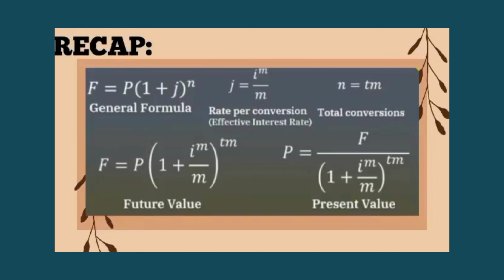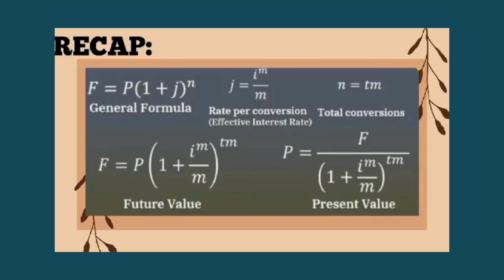That's all, guys, for our discussion. Now let's have a recap. The general formula for the future value is F is equal to P open parenthesis 1 plus J close parenthesis to the power of N. The rate per conversion or the effective interest rate formula is J is equal to IM over M. The total number of conversions formula is N equals TM.